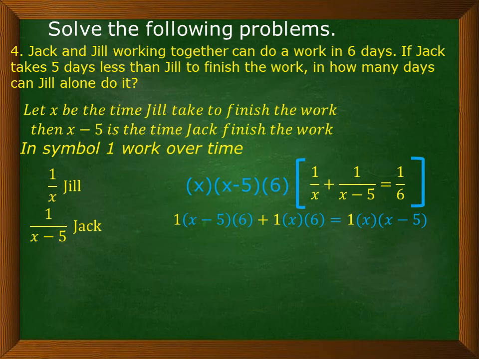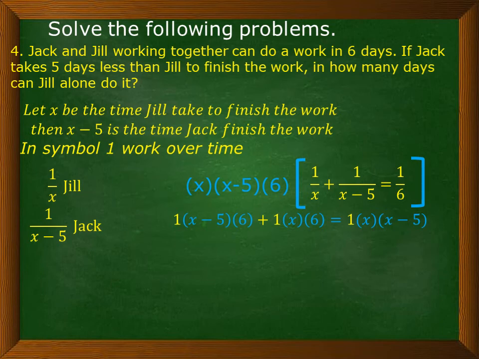Plus, for 1 over x minus 5, just multiply x and 6 because x minus 5 will be cancelled out. Equal to, for the last fraction, 1 over 6, just multiply x and x minus 5 because 6 will be cancelled out.